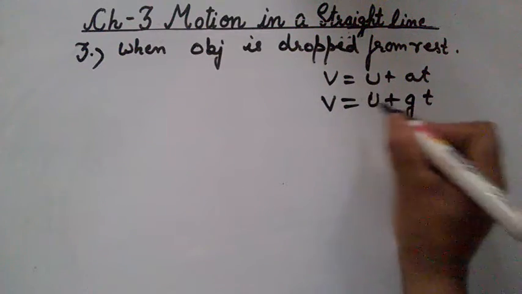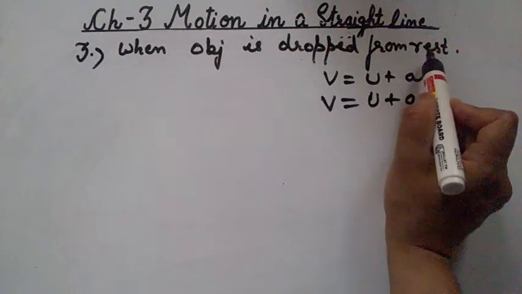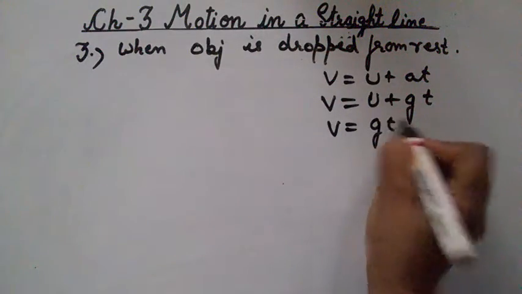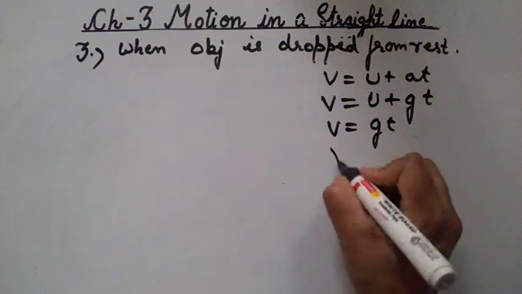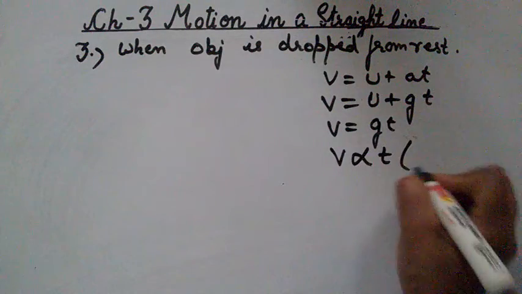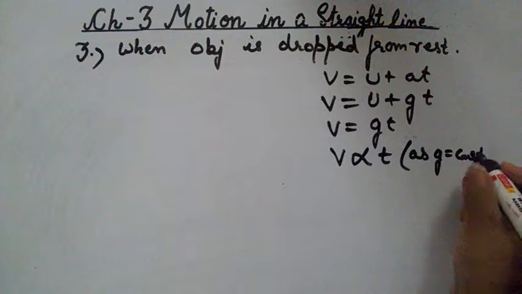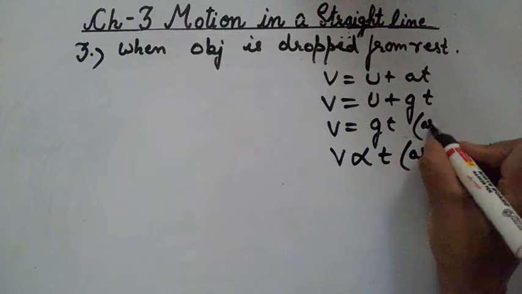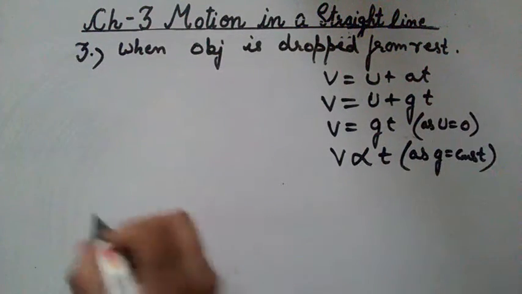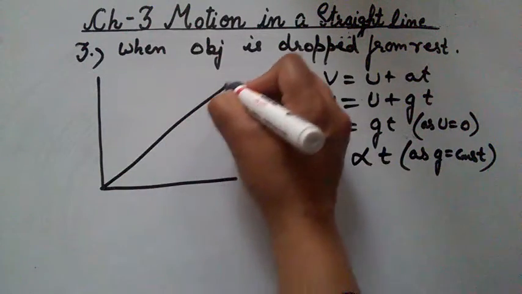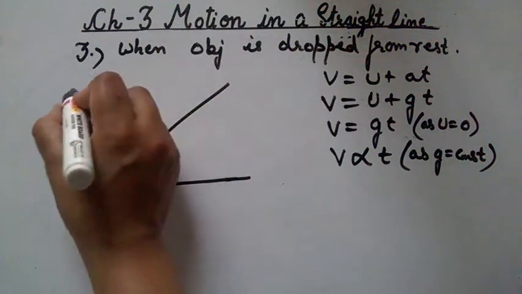As at height h u is equal to 0, therefore v is equal to gt, and as g is constant, so we can write v is proportional to t. Here also the graph is a straight line starting from 0.